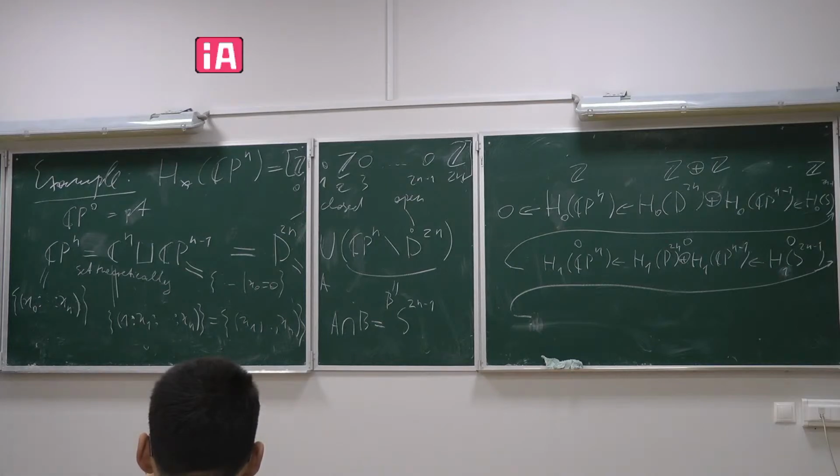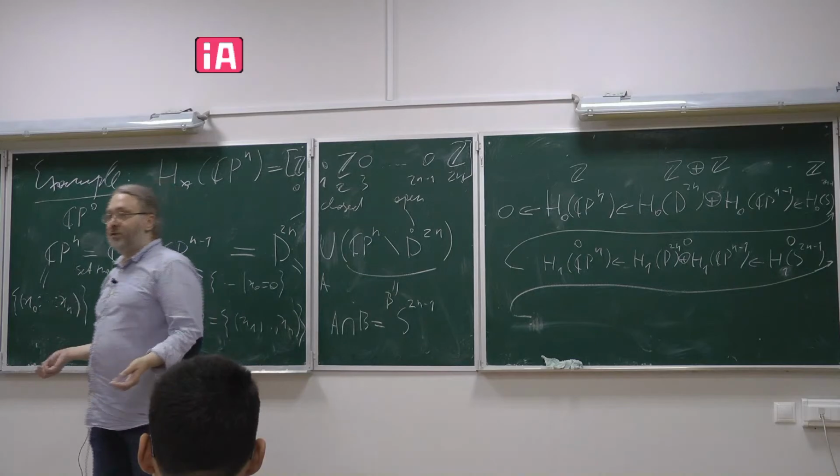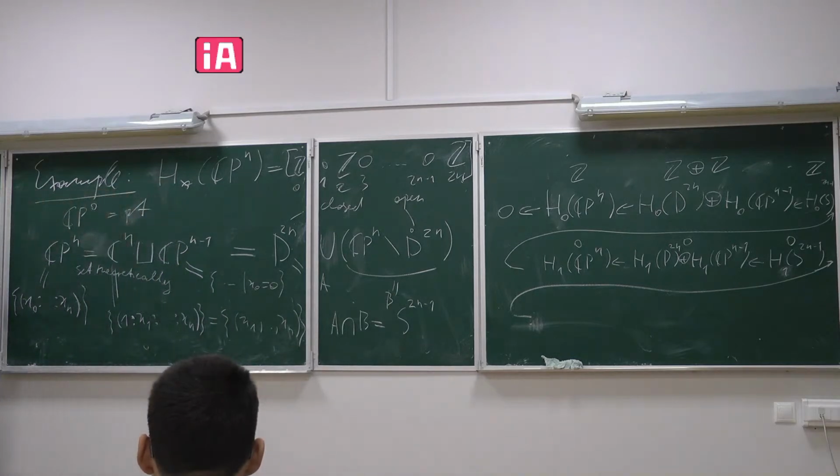Let me draw a picture. To prove that these two spaces are homotopy equivalent, I construct a deformation retraction from B to CP n-1.